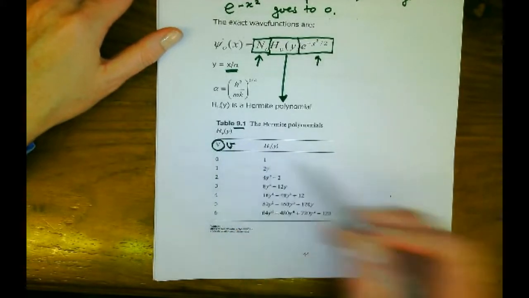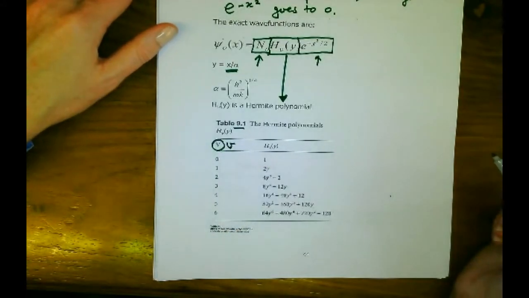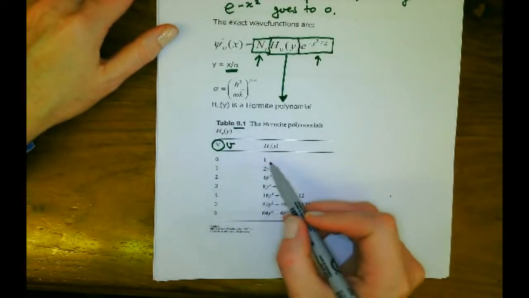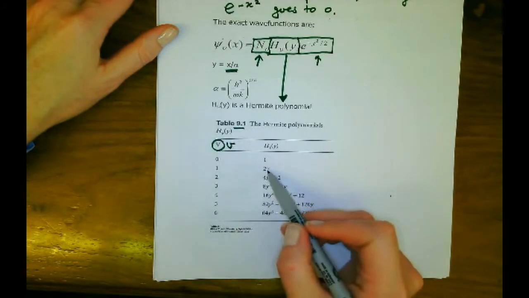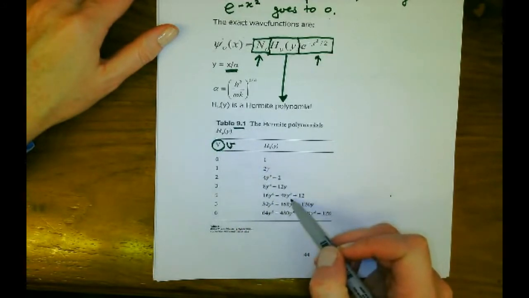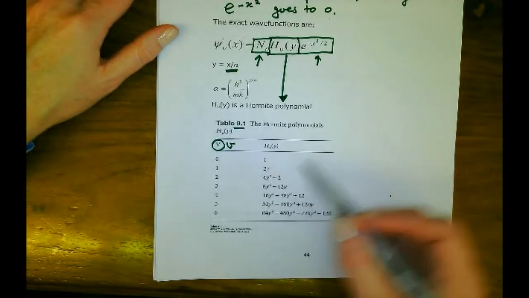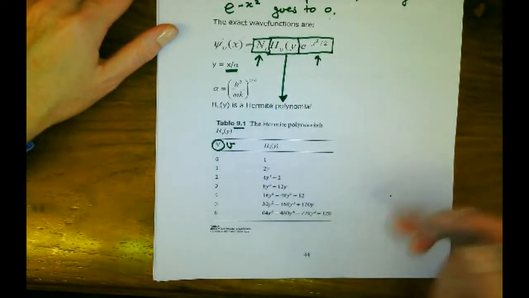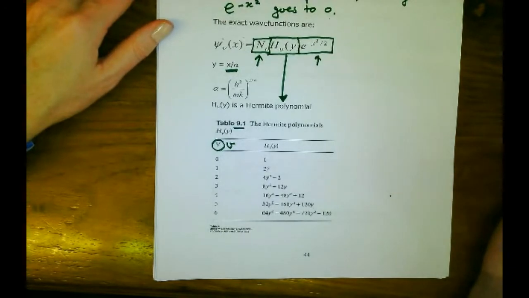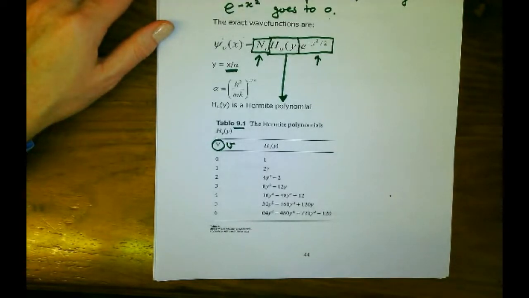So that is actually upsilon, our quantum number. If upsilon is 0, the Hermite polynomial is 1. If upsilon is 1, the Hermite polynomial is 2y, etc. So you just obtain that part from the table. And if you have that information, you can construct any wave function for the harmonic oscillator system.